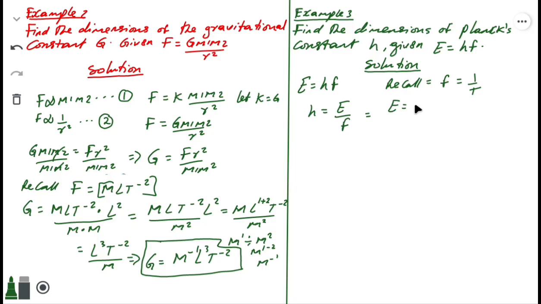So let's consider the dimension of energy E. The dimension of energy E is given to be M L^2 T^-2.